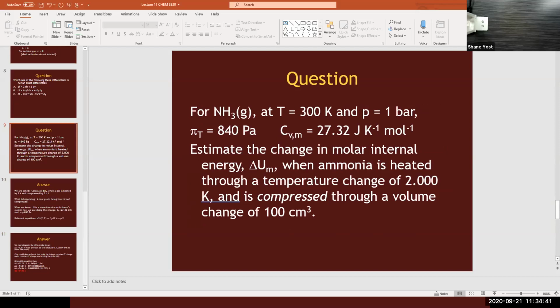And because of how I've written this, pi sub T should be 840 pascals per mole. I want the units to work here.